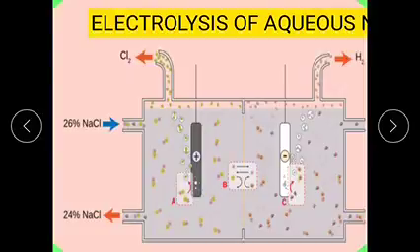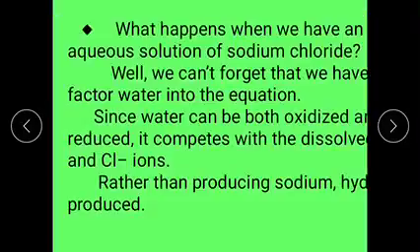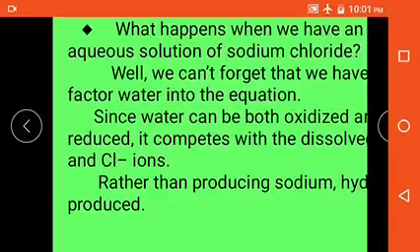Now let us see the electrolysis of aqueous NaCl solution. This kind of experiment is observed in the Nelson cell. Here an aqueous solution of NaCl is taken as an electrolyte in the cell. What happens when we have an aqueous solution of sodium chloride?